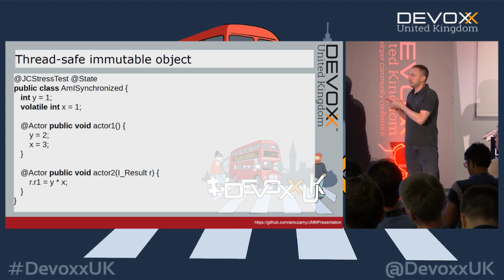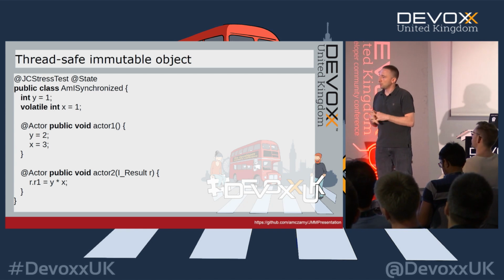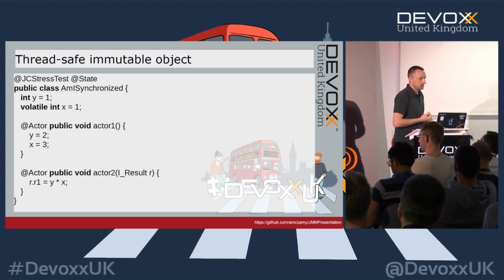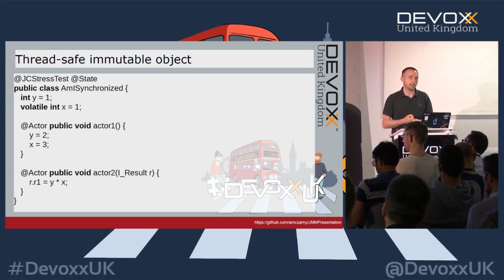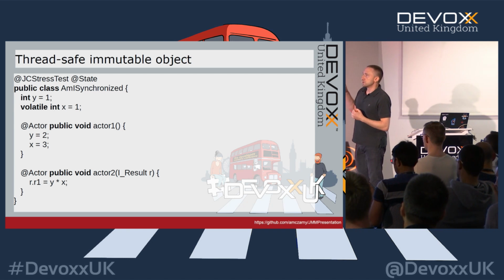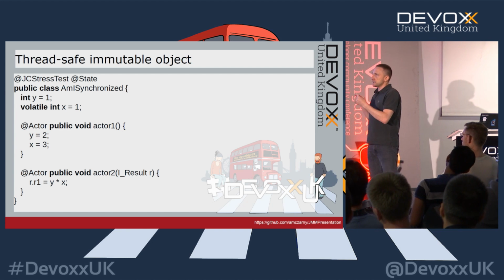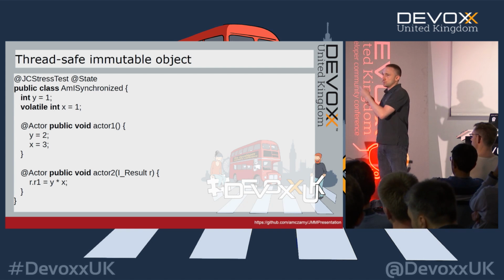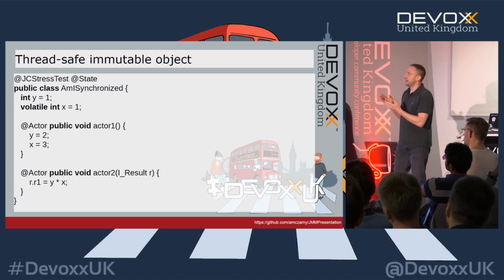Then we can have just 2, because 1 multiplied by 2 is 2. What's not possible here, if everything is fine, is to get 3. Because if you have 3, it means that actor 1 was executed first, which means that y is already 2, x is already 3, and the outcome is that I have only 3, so what happened with y?